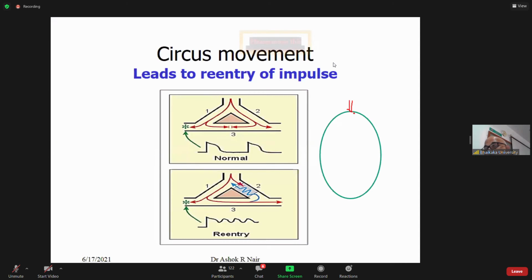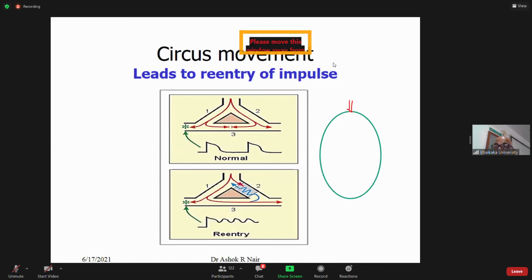Now, if you want this impulse to re-enter again, what are the conditions in which it can re-enter? Can you list down the conditions?